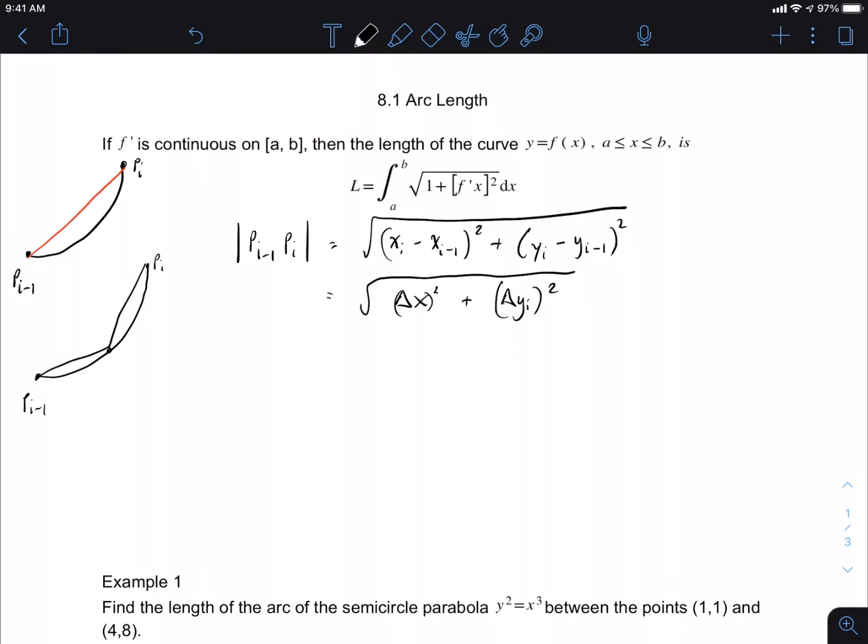Okay, and then from Calc 1, by the mean value theorem, we know that f of x sub i minus f of x sub i minus 1 is equal to the derivative at x sub i star times x sub i minus x sub i minus 1.